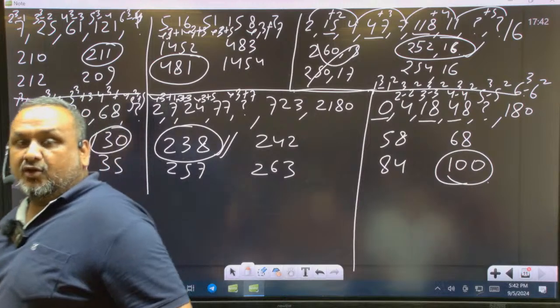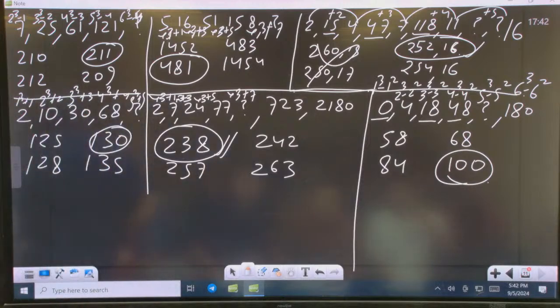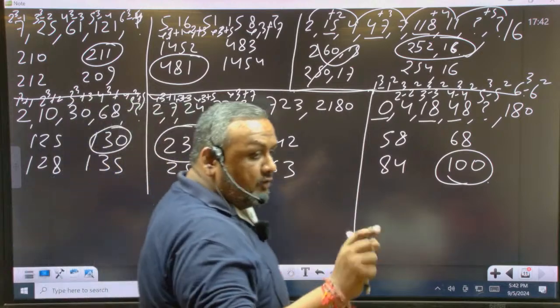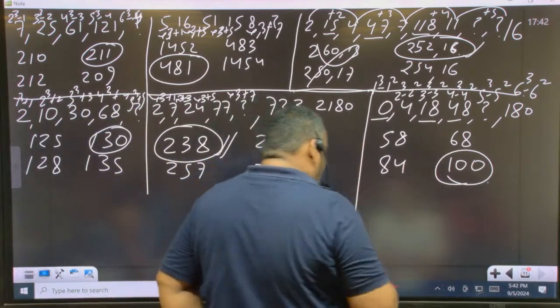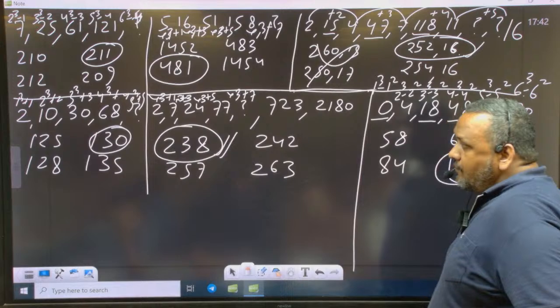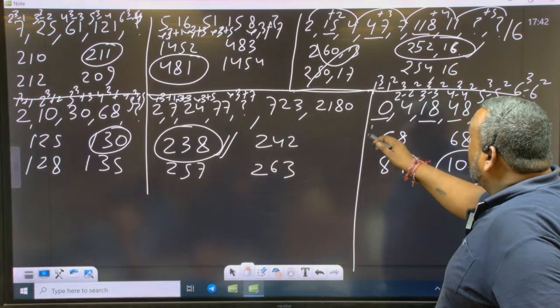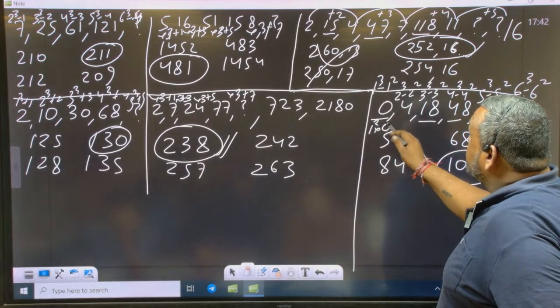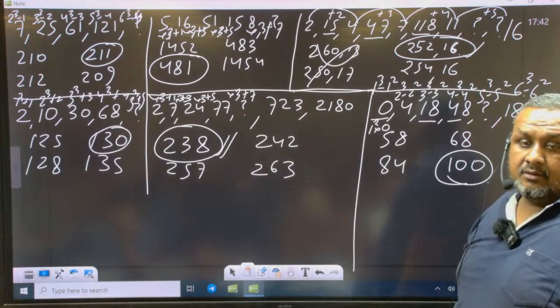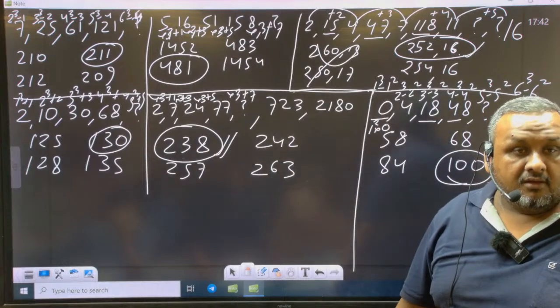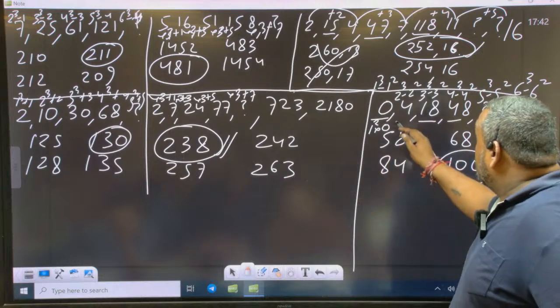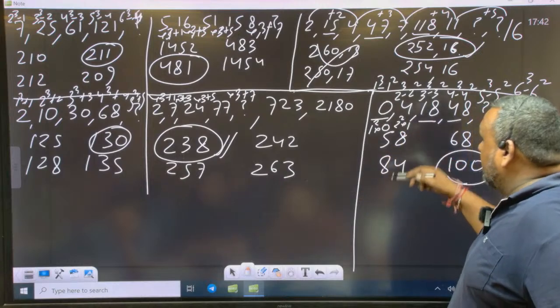Is there any other logic for the last question? Again based on square as well. Look, we have to find 0 first. So it is like 1 square into 0. The result will be 0. 2 square into 1.